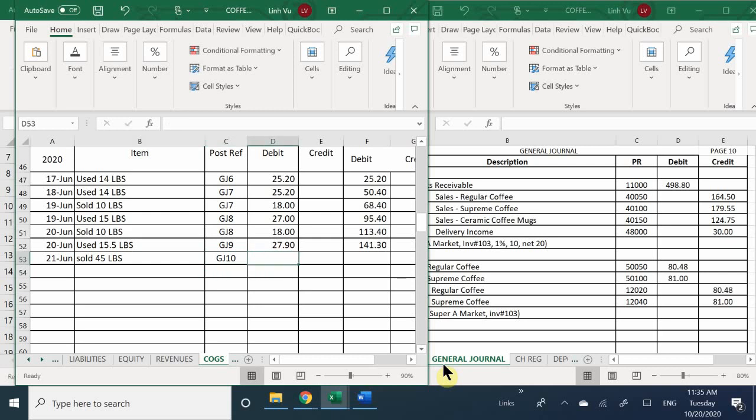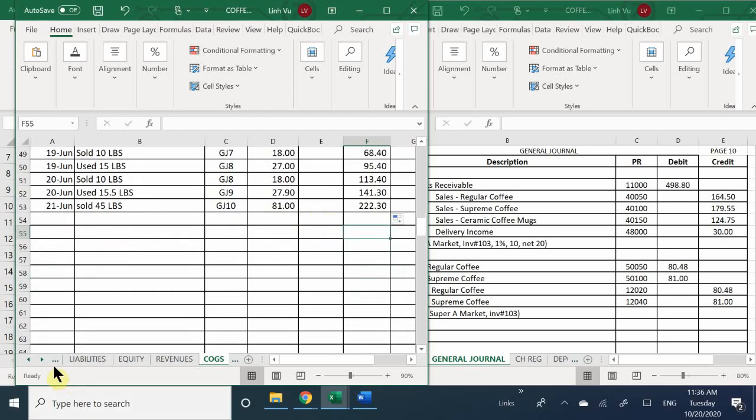And how much was that? 81. Bringing my total to 222.30. Now I have to lastly update my inventory.